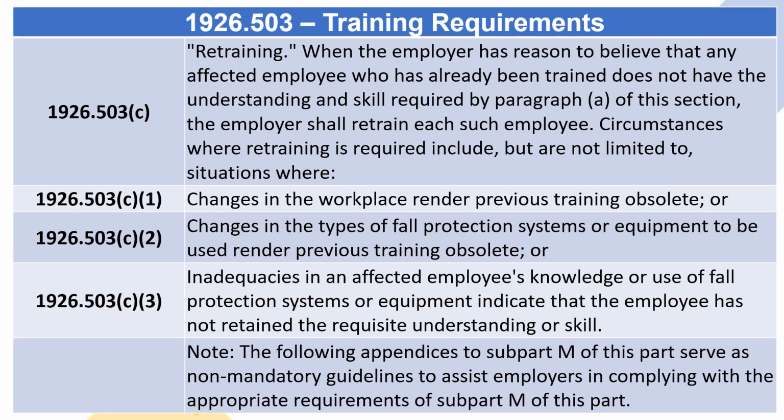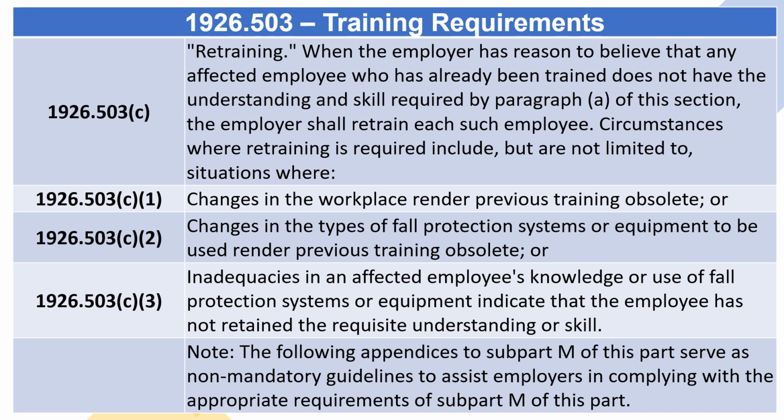1926.503(c). Retraining. When the employer has reason to believe that any affected employee who has already been trained does not have the understanding and skill required by paragraph (a) of this section, the employer shall retrain each such employee.